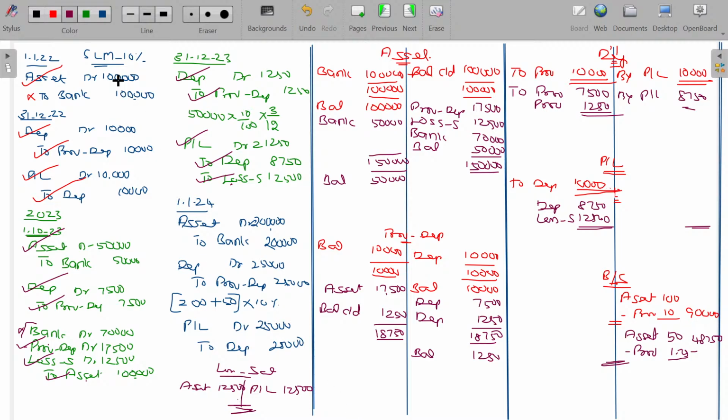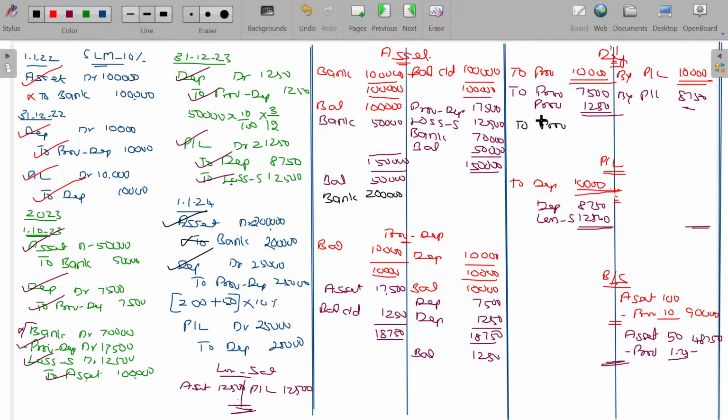Now we'll move on to the last year. In the last year, in asset to bank, the value being 2 lakhs. Forget about the bank. In depreciation, to provision. So bank is not required because it will have n number of other transactions. We are not aware about that. So we are dealing with only depreciation and asset.